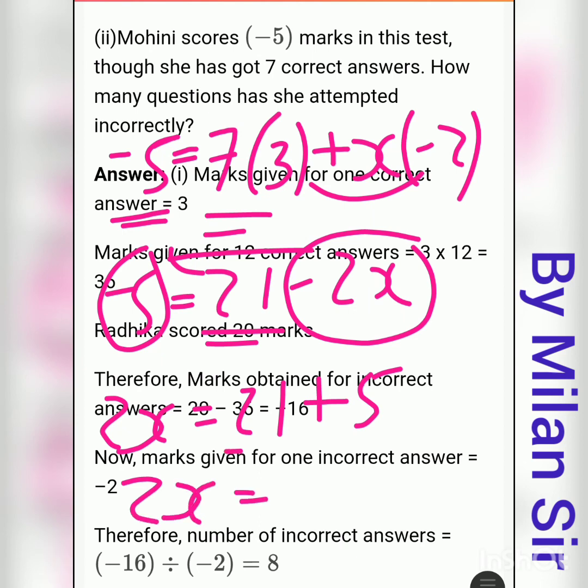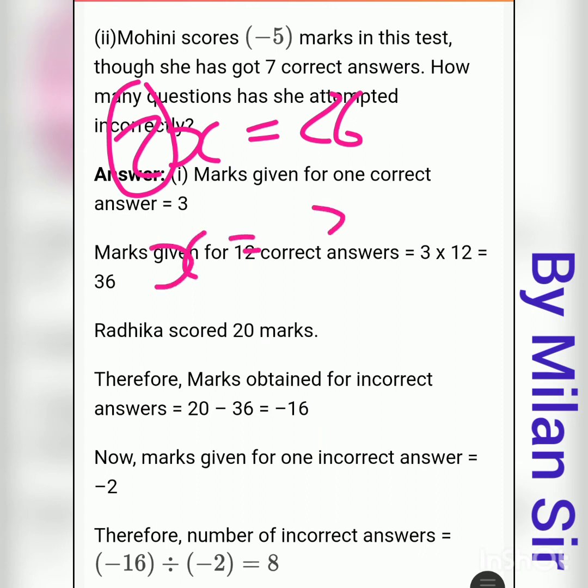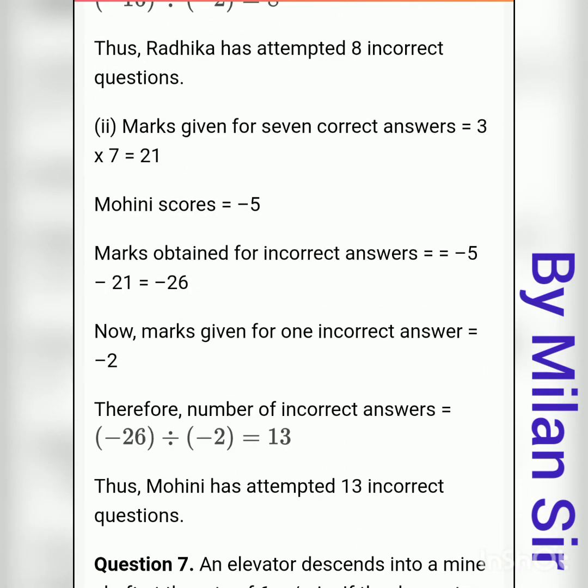Now 2x is equal to 21 plus 5, 26. Now we transfer this 2 to the right hand side, so it goes to division, 26 by 2 is 13. In this way we can get the answer.